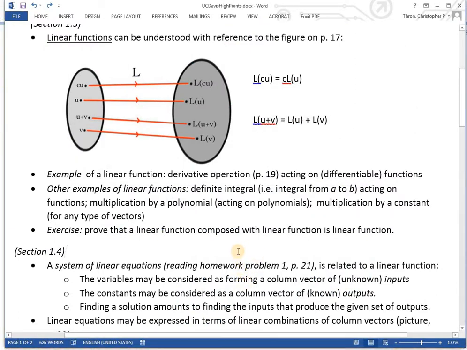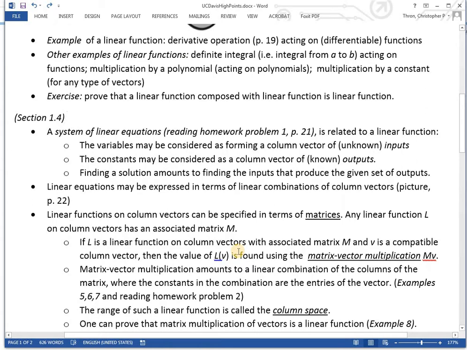Okay. So we're going to move on with linear functions. And in fact, we're going to look at linear equations. Now, linear equations are very common in science and math. Many engineering problems can be reduced to a system of linear equations. The system of linear equations is related to a linear function.